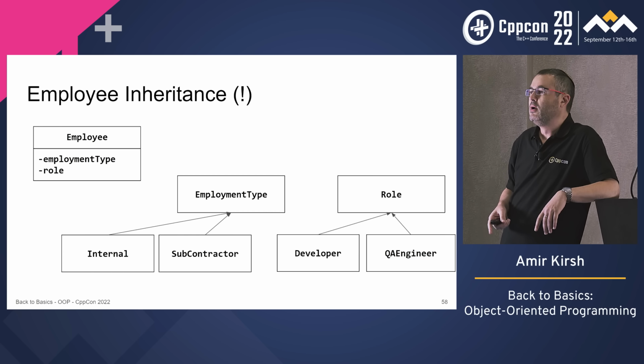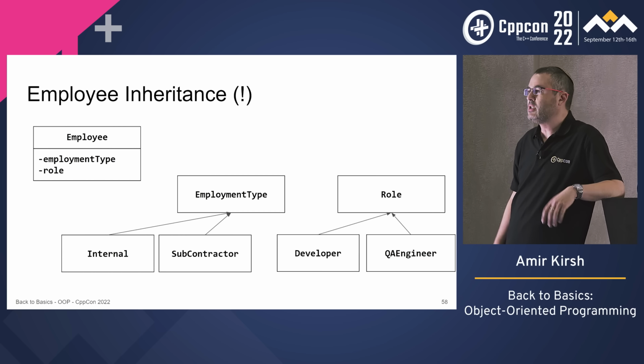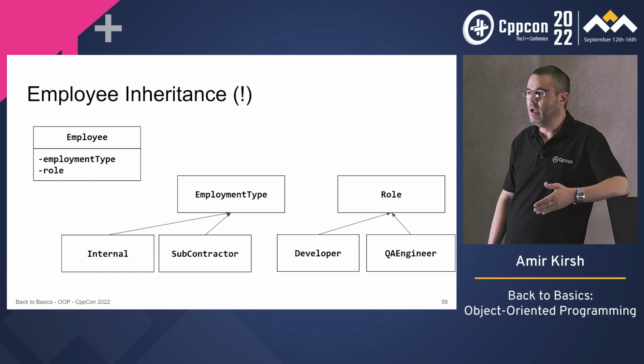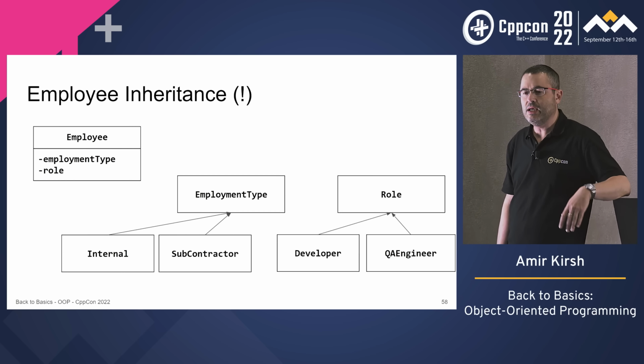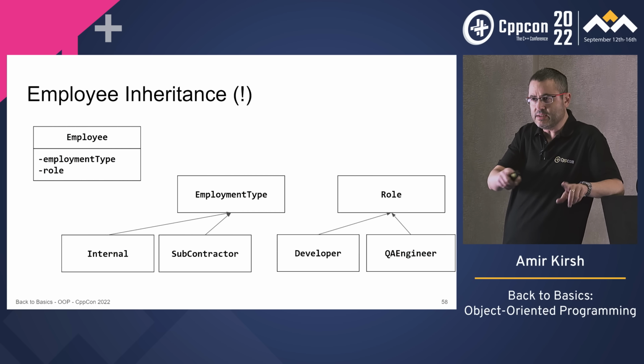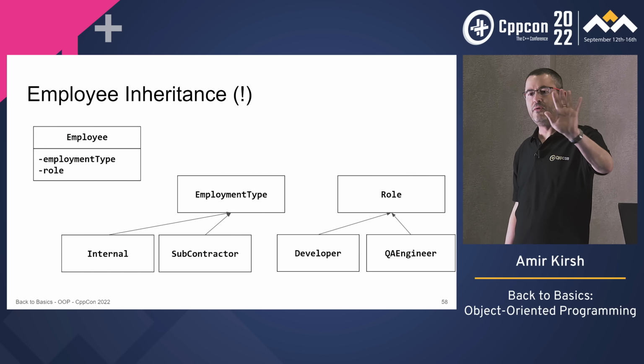I mean, if I have 4 attributes, and for each attribute I have 5 options, the number of classes that I should create in order to model all possibilities is... let's do it again. I have, let's say, 4 properties.